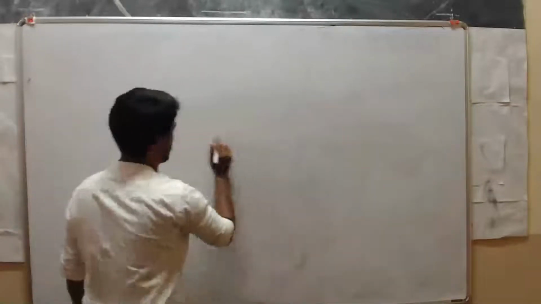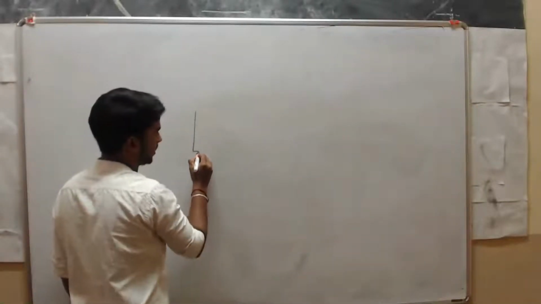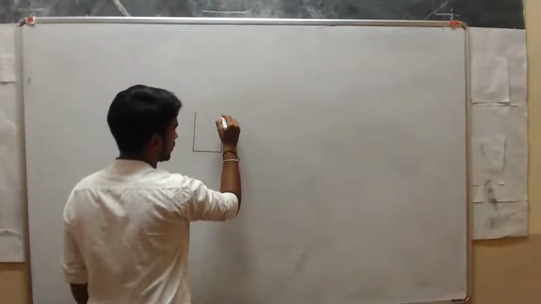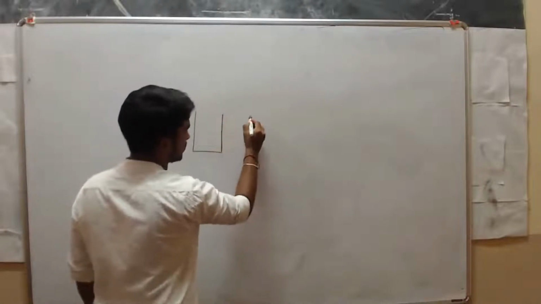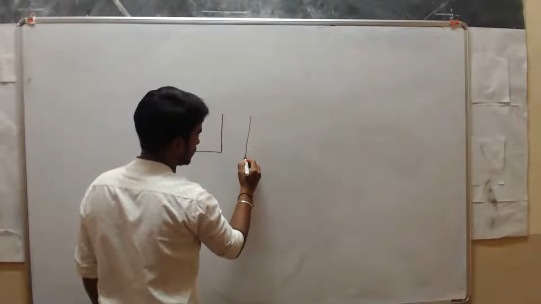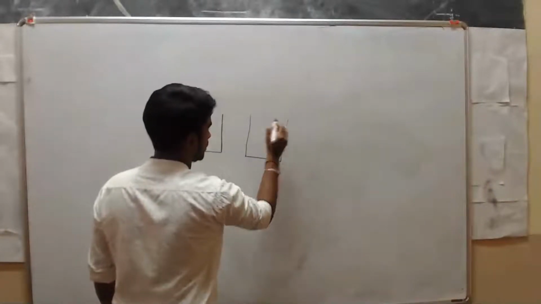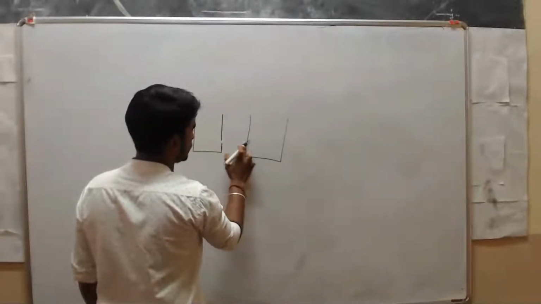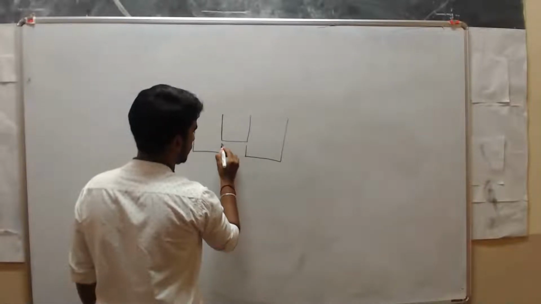Before that, see this example. We have two water tanks, and both are connected using one pipe.